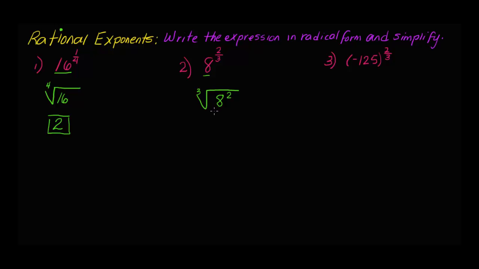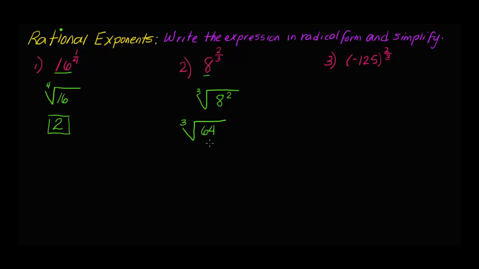which is the method I prefer. For this first method, we have to do 8 squared, right? So I would have to write the cube root of 8 squared, which is 64. Yes? Okay. And now I can simplify the cube root of 64.